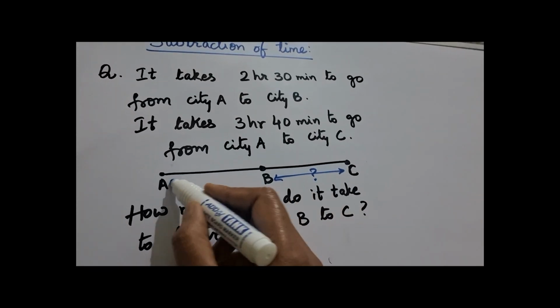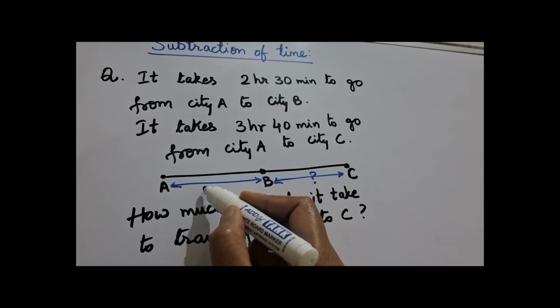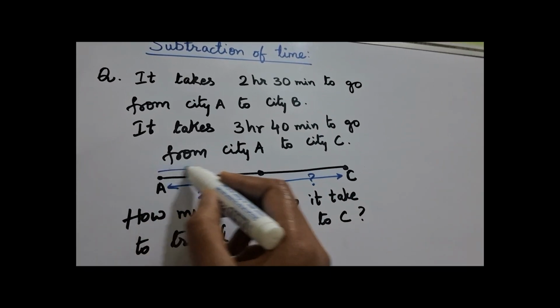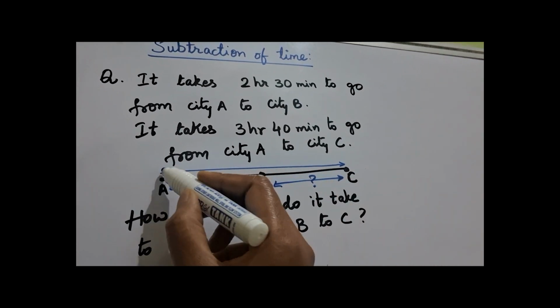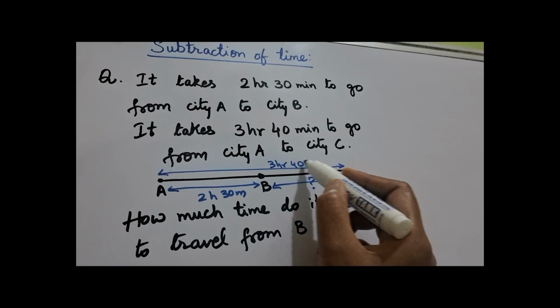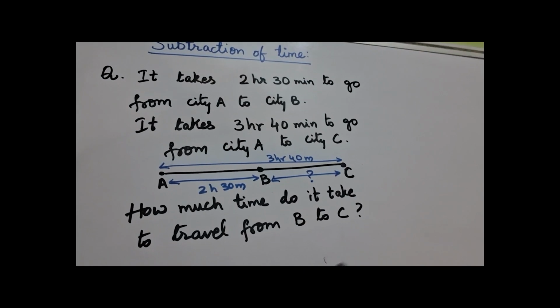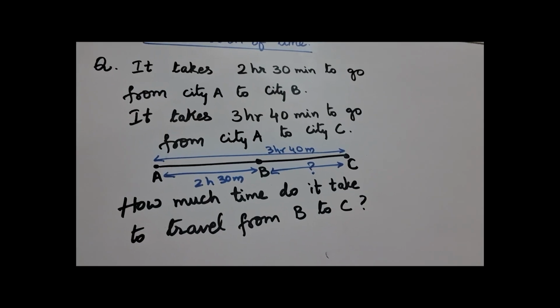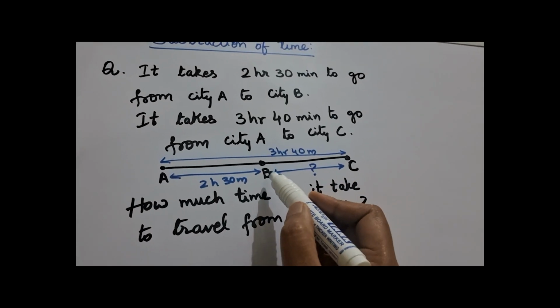Okay children, this is the time we need to find. We are given from here to here 2 hours 30 minutes, and from here to here 3 hours 40 minutes. Okay children, so to solve this type of problem, what do we do? We do subtraction.